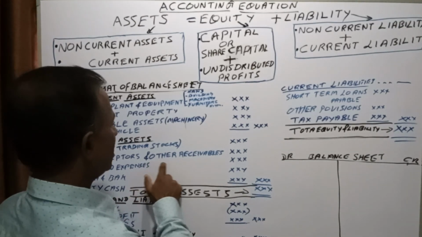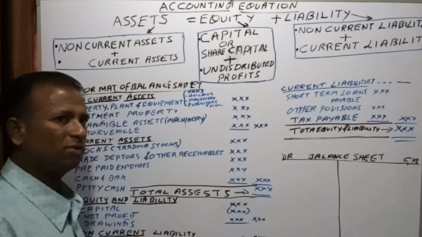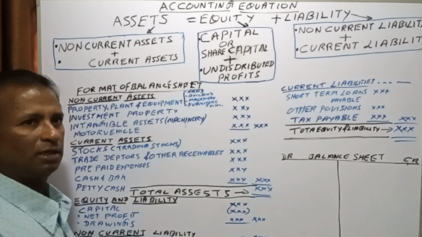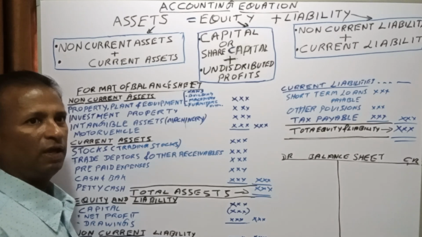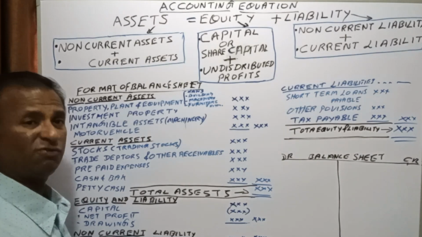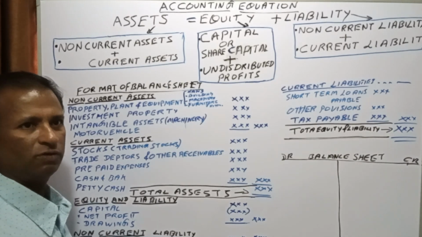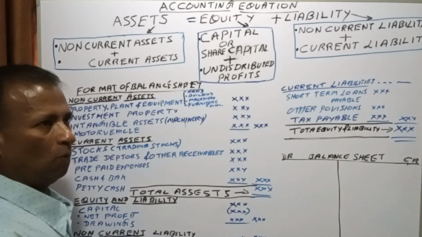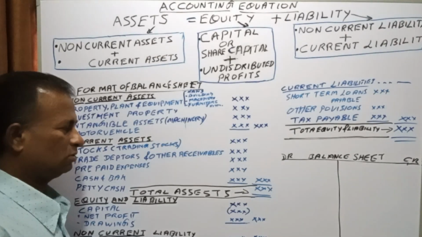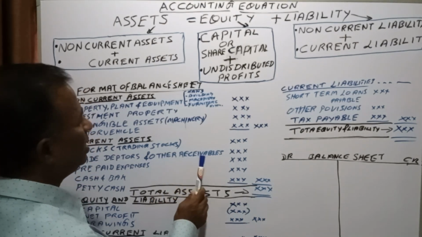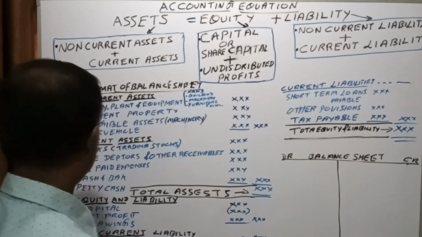And the other thing is other receivables. Other receivables means, for an example, we have given out staff advances. For the staff, we would have given salary advances, or short-term loans, or small payments. Those come under the other receivables.